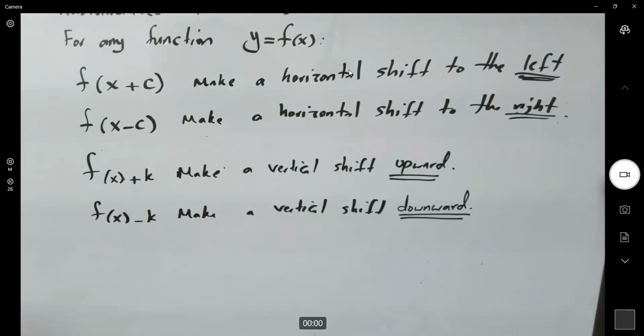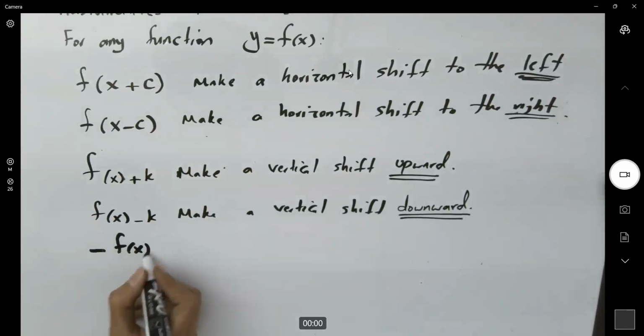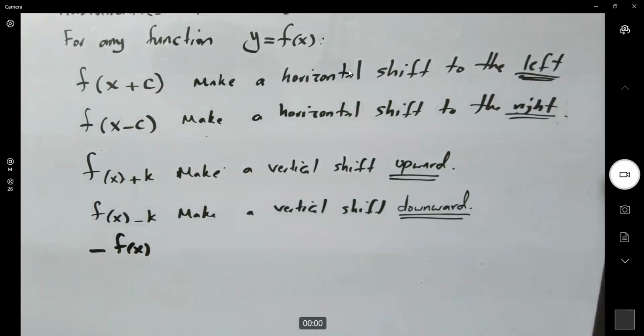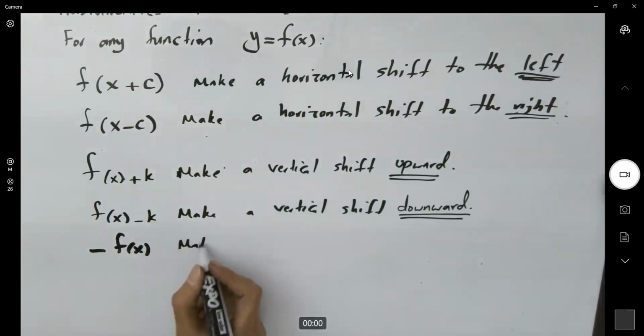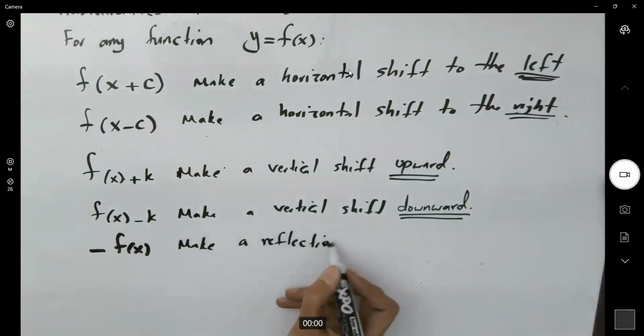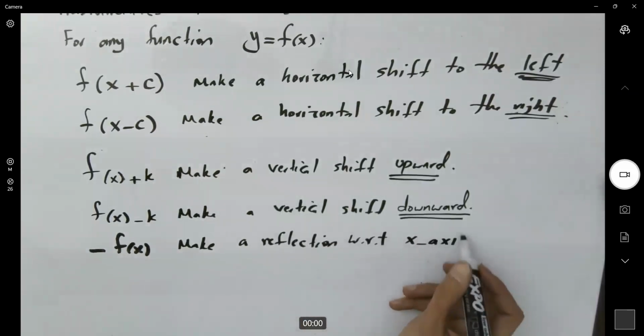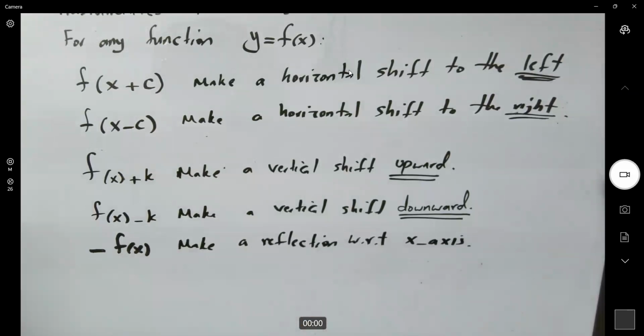Negative f of x makes a reflection with respect to x-axis. I multiply my y value by a negative sign, and I get a reflection with respect to x-axis.